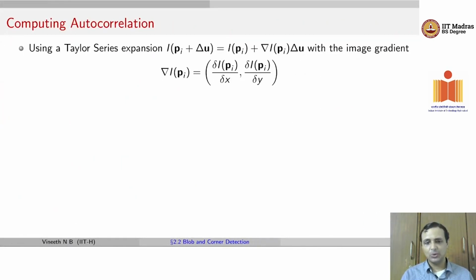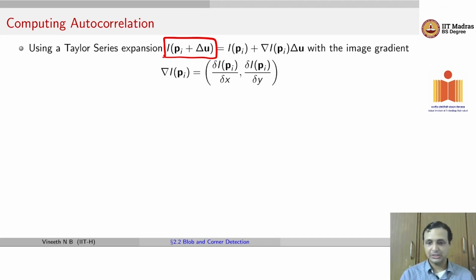Now let's try to see how you compute autocorrelation, and then come back to how you compute corners using this autocorrelation. So let's look at this more deeply. Let's consider a Taylor series expansion of your I of pi plus delta u. Remember, pi plus delta u is about taking the patch which was centered at pi and moving it by a delta u and placing it at a slightly offset location in the same image.